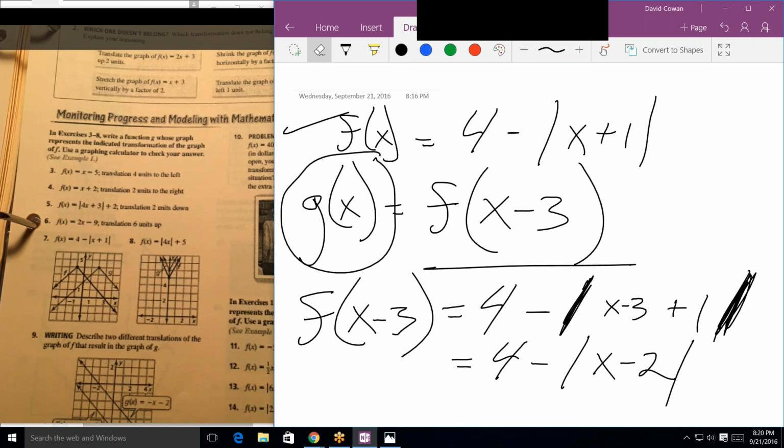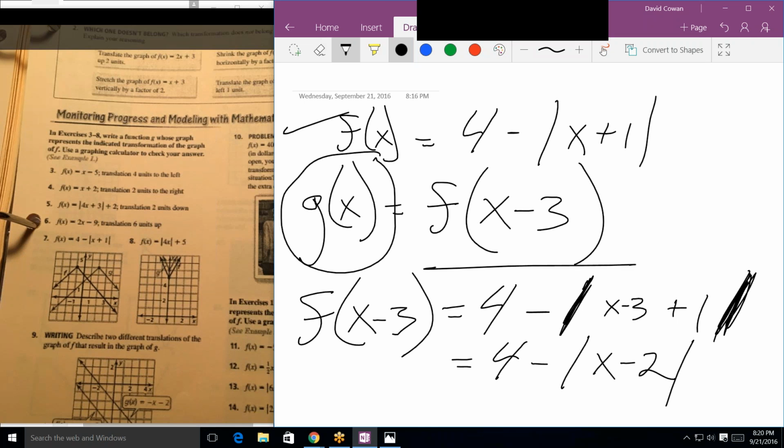Okay, and that's what you want to do on 7 and 8. I know you don't have to do the even ones, but you'll notice that in 8, g has exactly the same shape as f. The only difference is it's been moved up by 1 unit. So in 8, g is f of x plus 1.